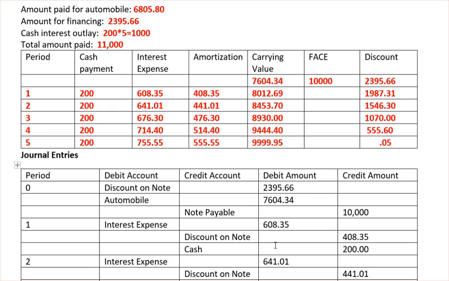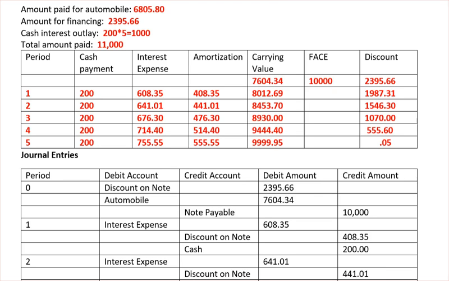We come up with 608.35 for that. We know cash is 200, and the plug number to make the journal entry balance is to come up with a credit for 408.35.